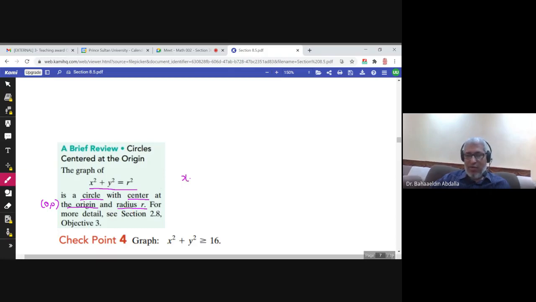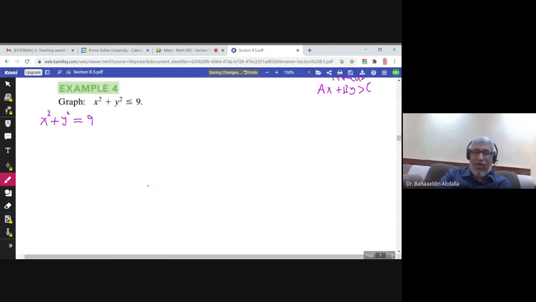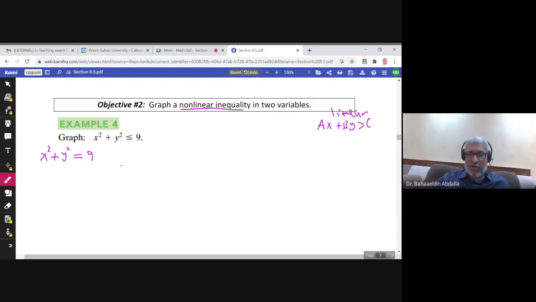While x minus h squared plus y minus k squared equals r squared is an equation of a circle with center h, k, and radius r. All right, so we have x squared plus y squared equals 9.